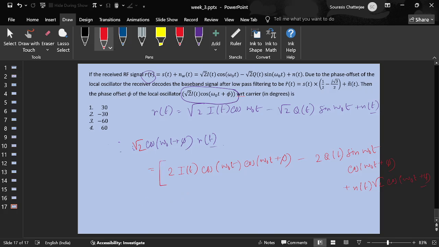This entire thing should go through the low pass filter, and what we obtain is i(t) cos phi, since 2 cos a cos b is cos a plus b plus cos a minus b. So I get i(t) cos phi here.